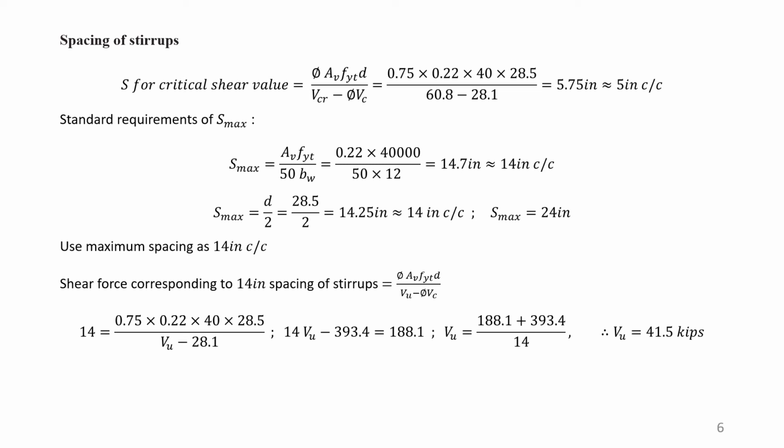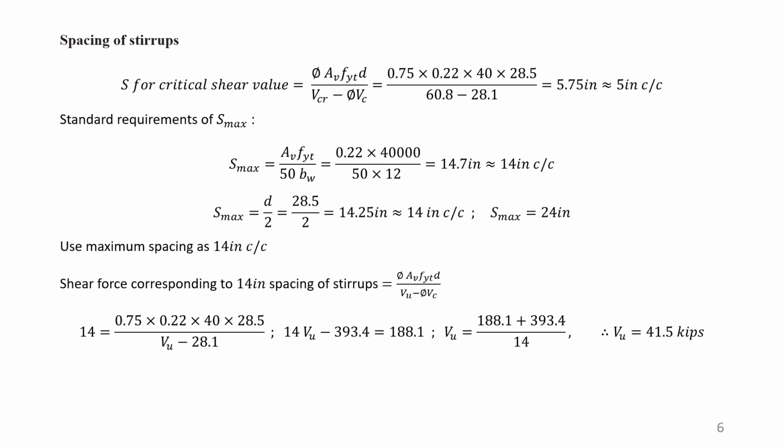Vu is the ultimate shear force, and 28.1 is the concrete shear capacity. Here in this equation 14 is the maximum spacing of the beam.